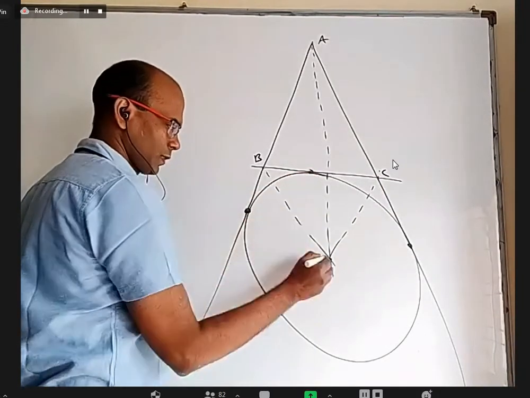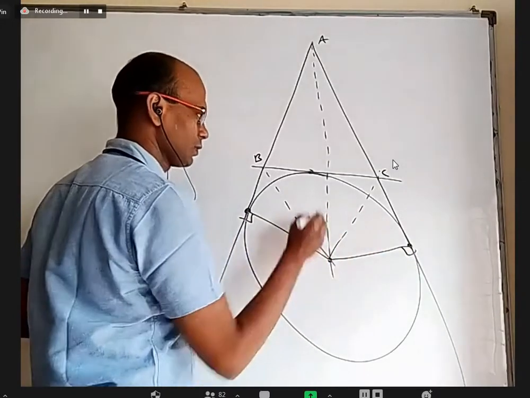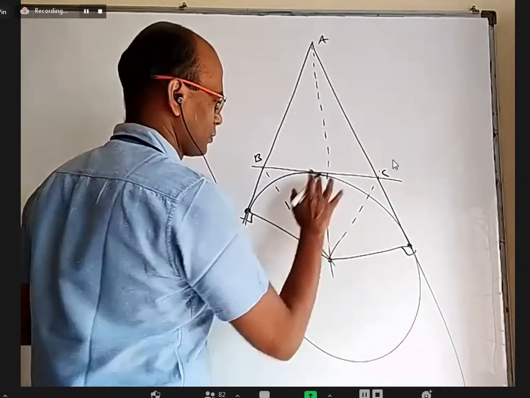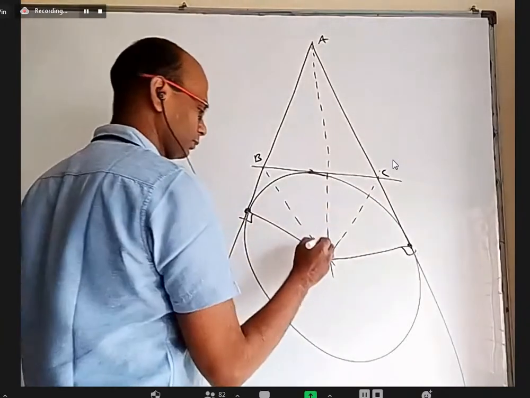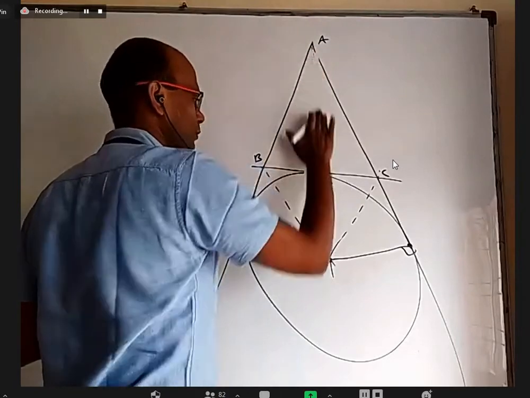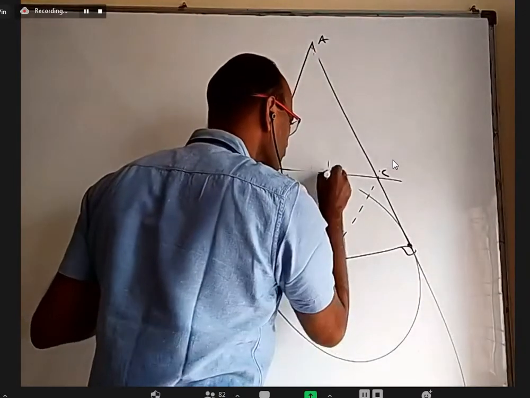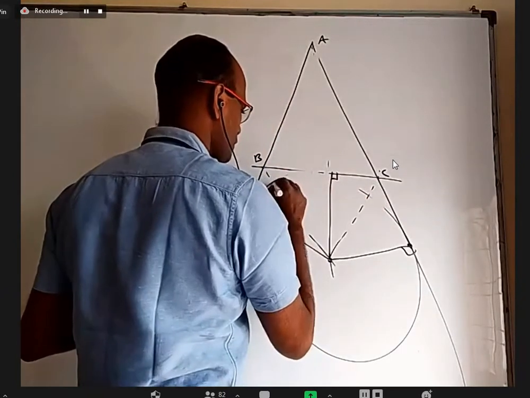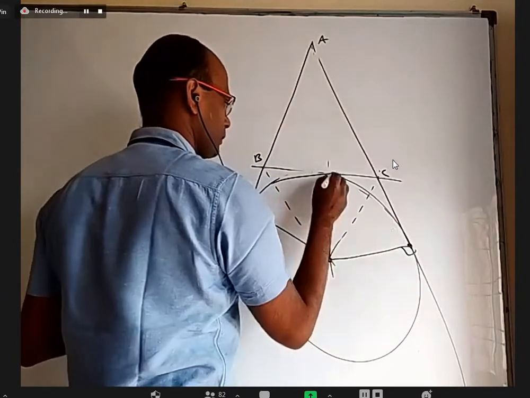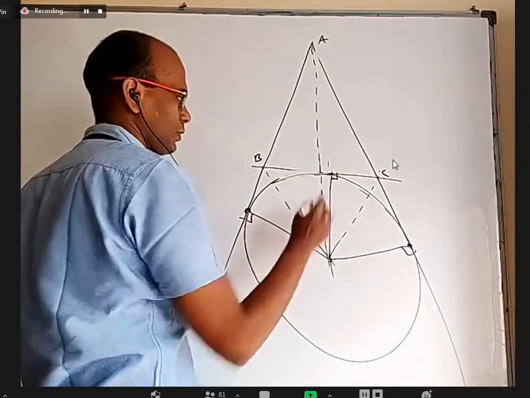This is 90 here, this is 90 here. This is not a perpendicular line, it should definitely touch here, and the angular bisector will be like this.